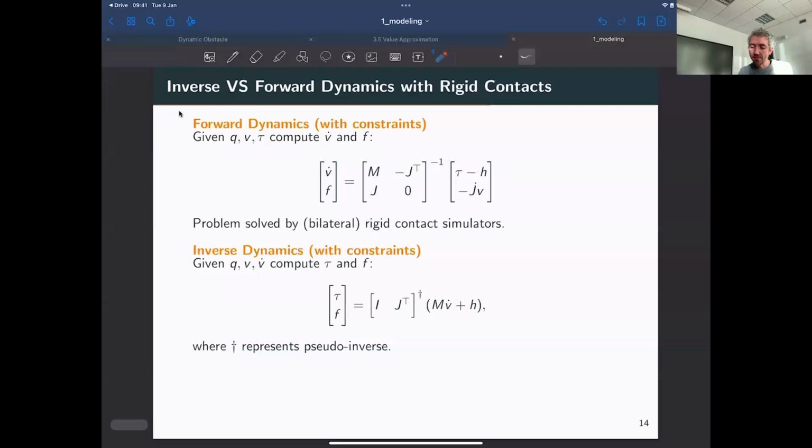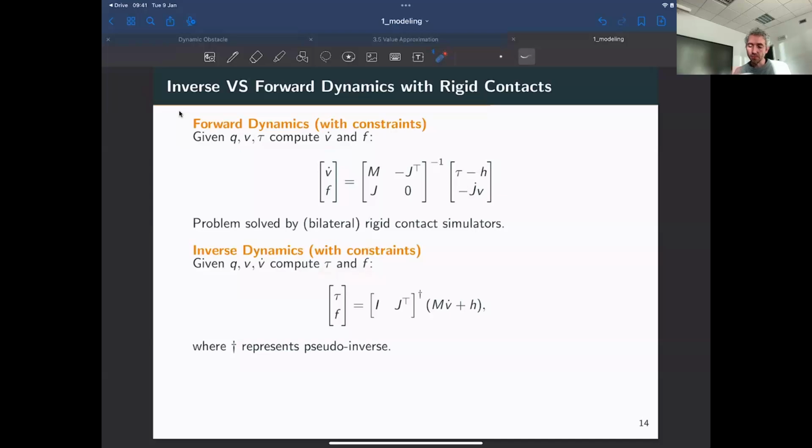And then the inverse dynamics problem, so the one solved by the controller. Given the specification on the motion, so positions, velocity, and accelerations, we want to compute the joint torques and the contact forces, because the contact forces are always unknown.